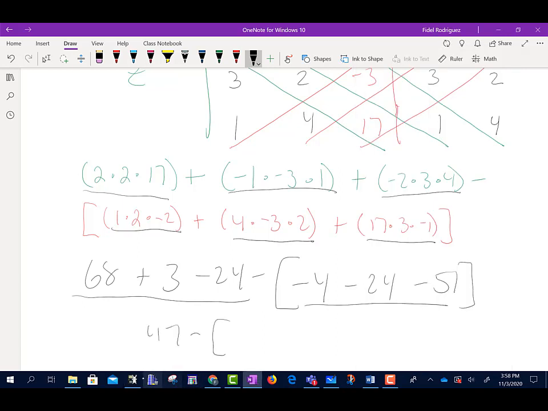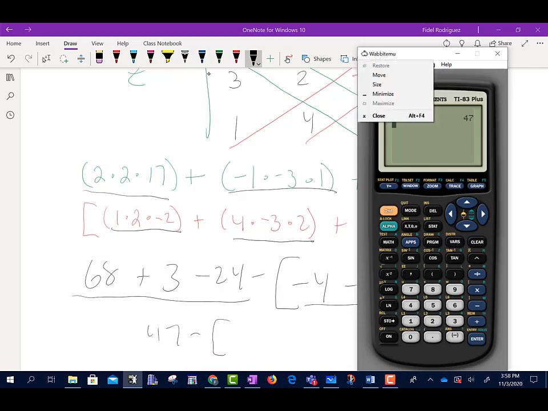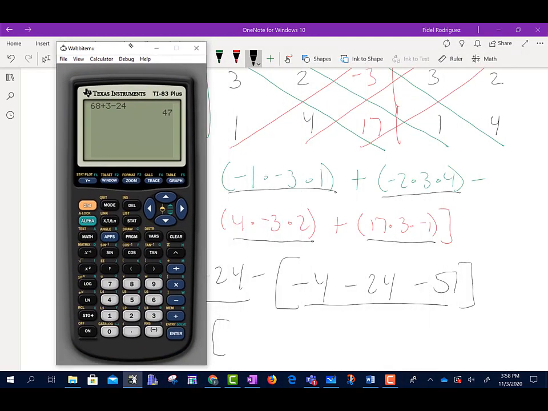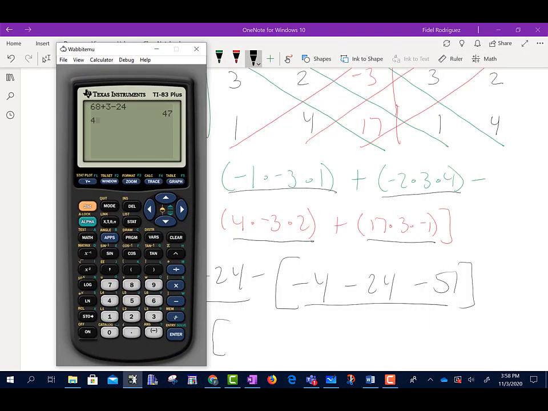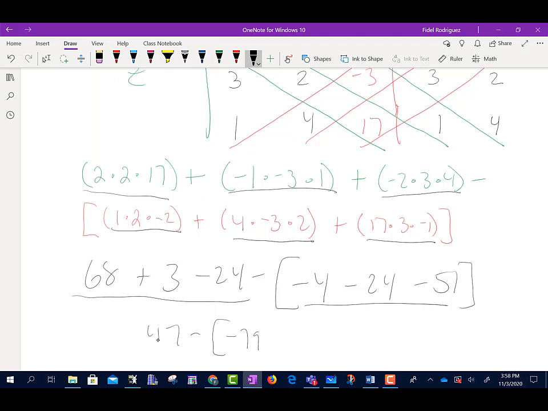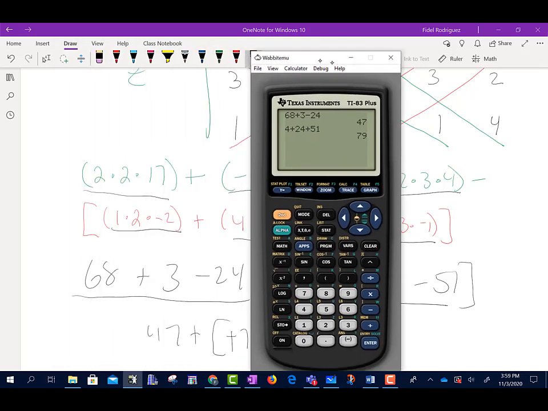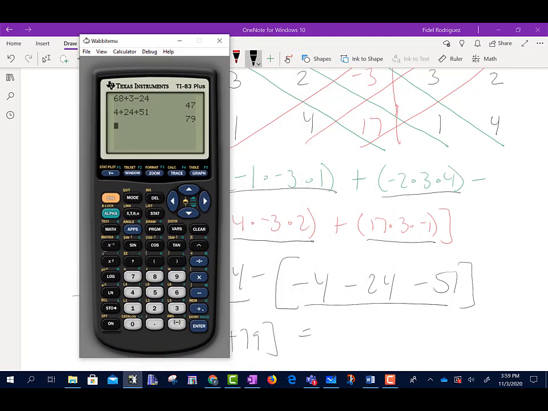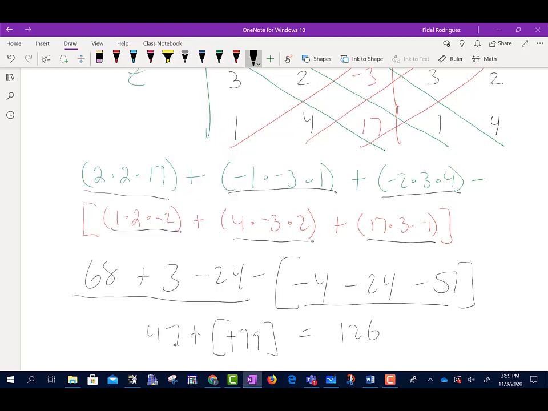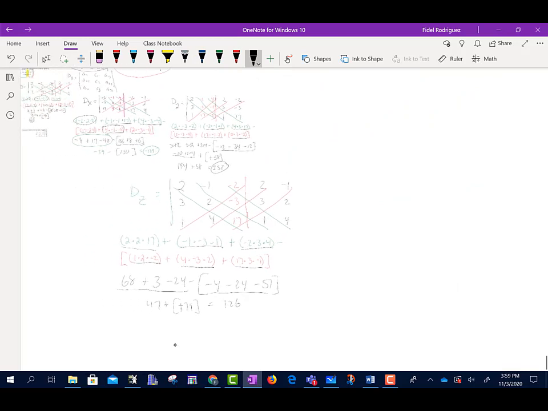Minus, these are just going to get added up together because they're all negative. 4 plus 24 plus 51, 79 with a negative. We're going to add these two together now. So 79 and what's the other number? 47 is 126.